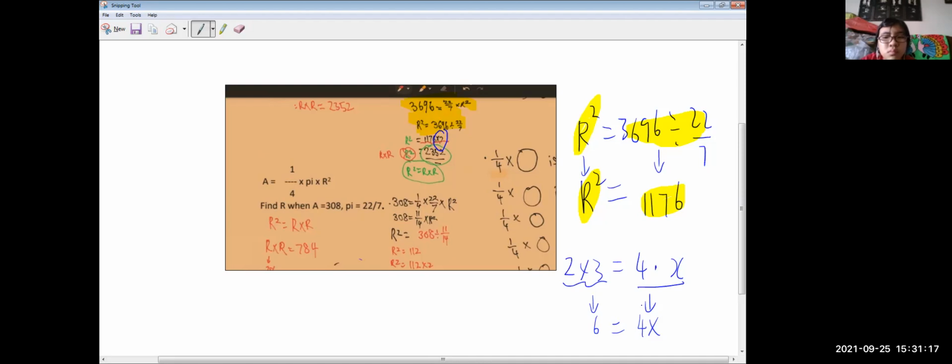Do I need to add a times 2? No. Do I need to plus 2? No. There's no plus 2 there. This one, the answer is 6. This one, the answer is 4x. Equal sign, put down. That's all. This is called I do it vertically. Make use of this example.